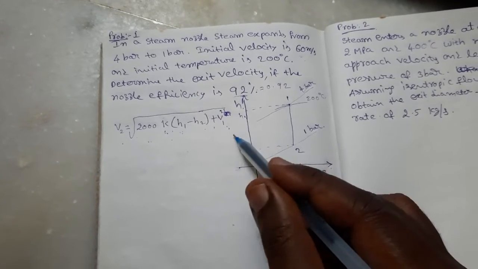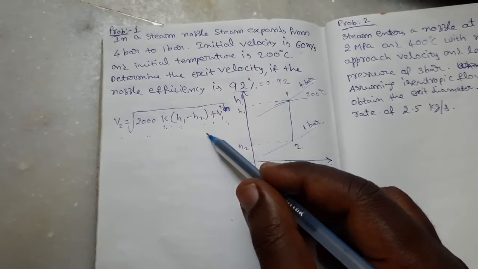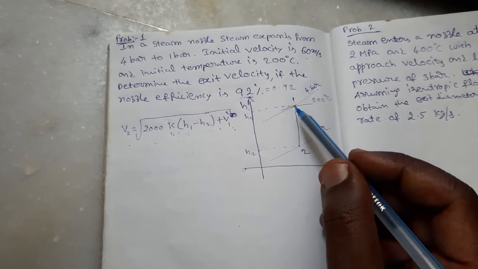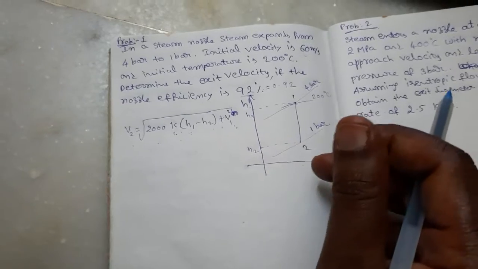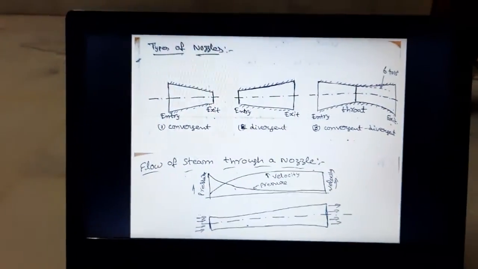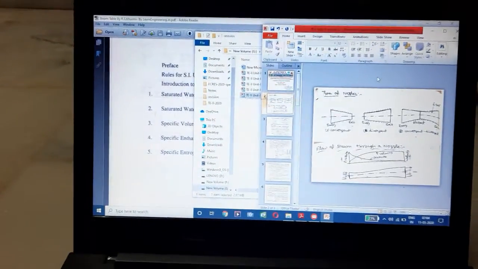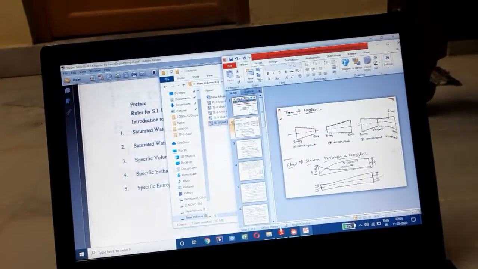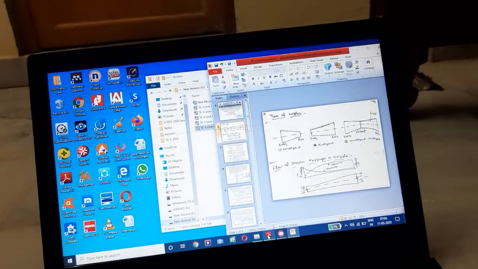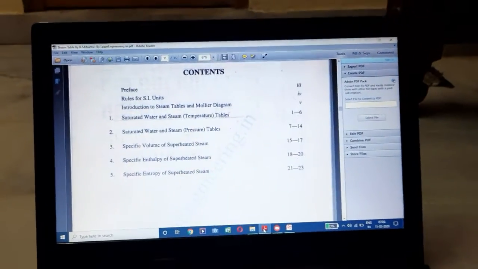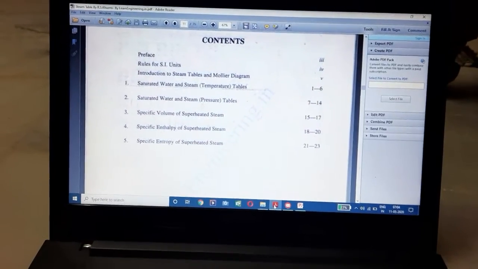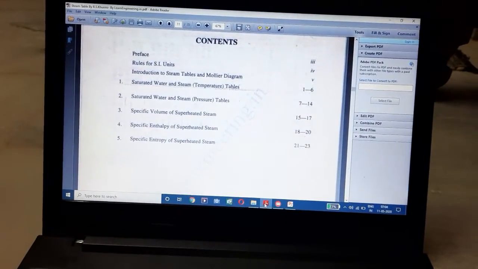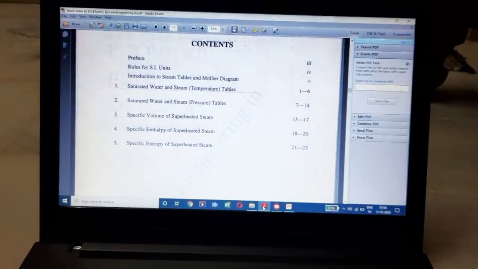So we require H1 and H2 at 4 bar and 1 bar. Let us see the steam tables. The steam tables contain 5 tables of saturated water and steam.